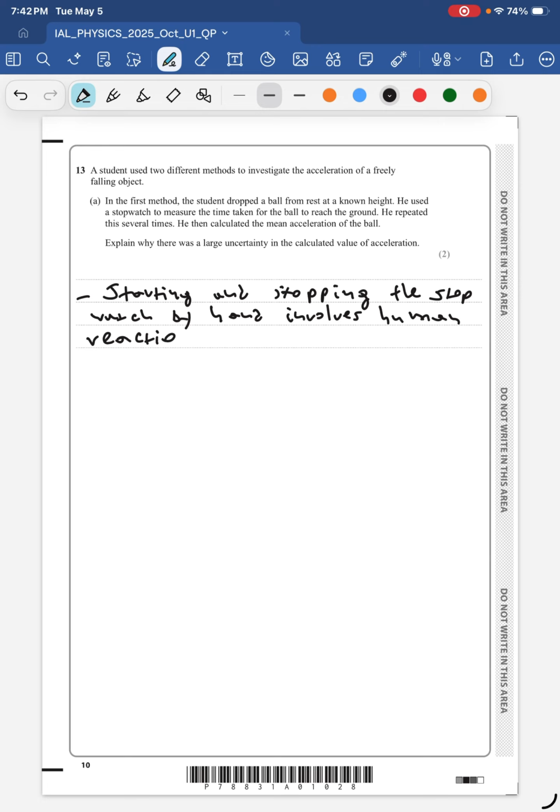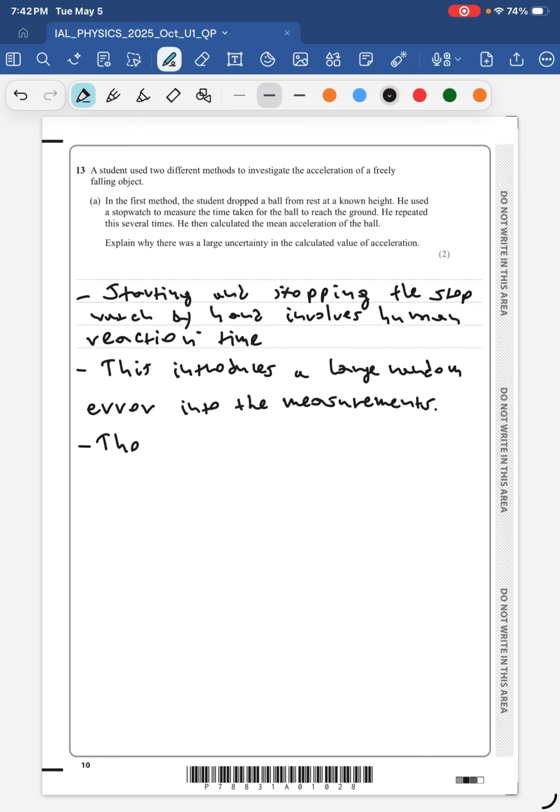This introduces a large random error into the measurements.